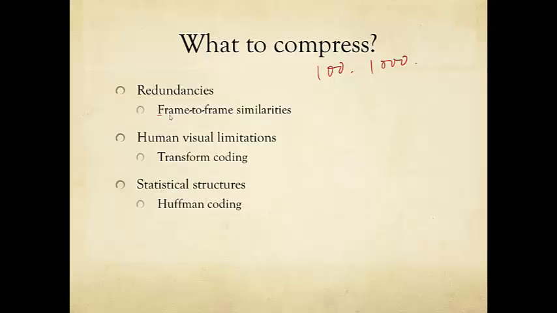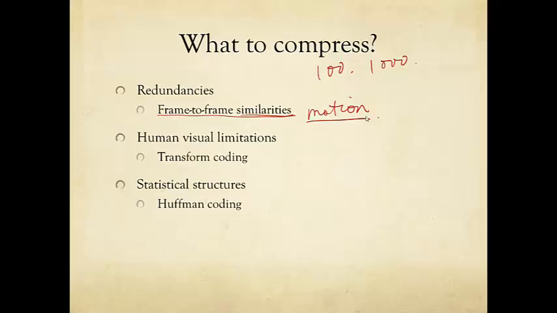For example, for motion pictures, frame-to-frame similarities can be striking. Certainly for talk shows, but even for motion-rich movies, because in human perception, our neurons in the brain rely on the similarities between one frame and the next frame to register motion. That's how motion can be registered. So that's precisely because of the redundancy.